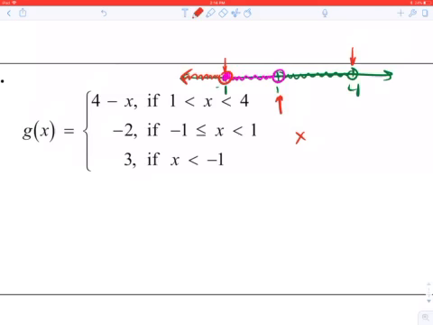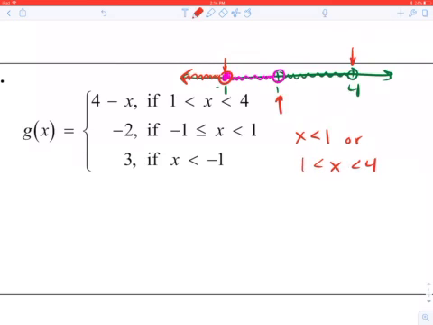So my x's could be less than 1, that includes everything pink and red, so let's consider the green. Or, let's see, maybe not.